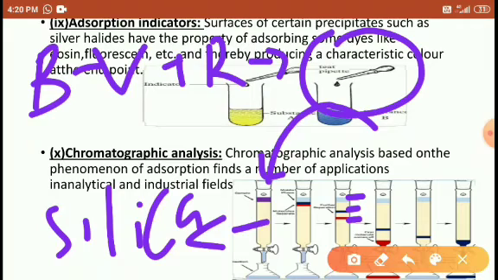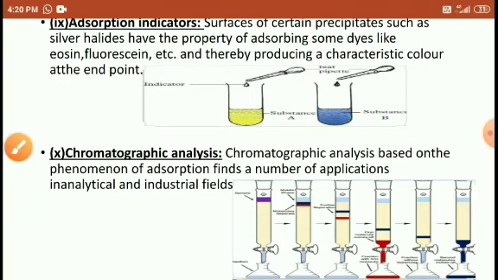These are absorbed in different layers, right? After observing the different layers, red is collected in the fourth conical flask, blue is collected in the fifth conical flask, and finally violet is collected in the last one.